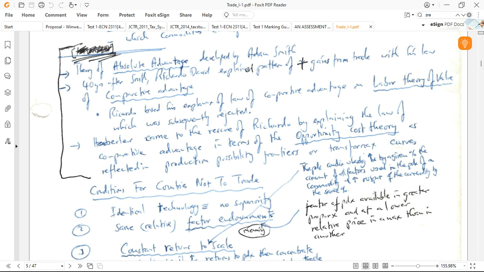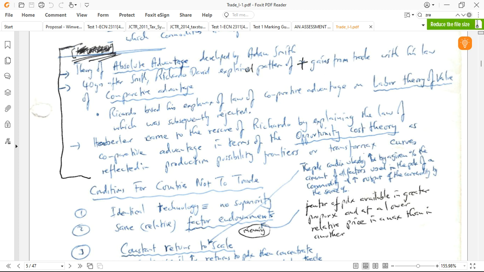With the labor theory of value, he used labor as the proxy. Everything was supposed to hinge on labor, and to some extent, that is the reason why it was rejected. So another guy came in.